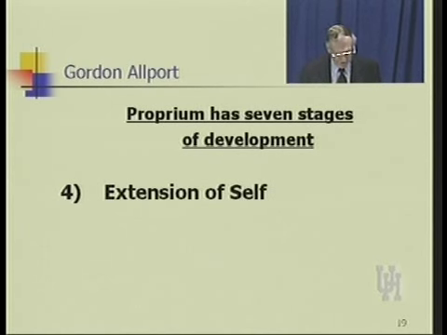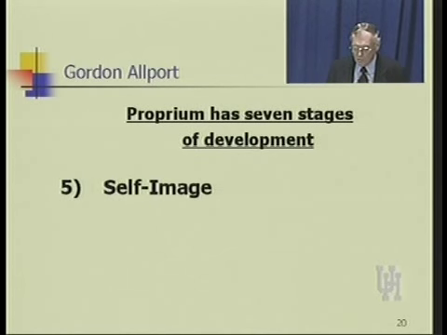Now this leads to the next stage, which we call self-image. Now, along with self-extension, children begin to develop what Allport called a self-image. And he said the self-image has two components.